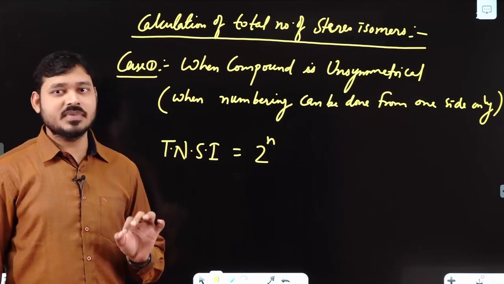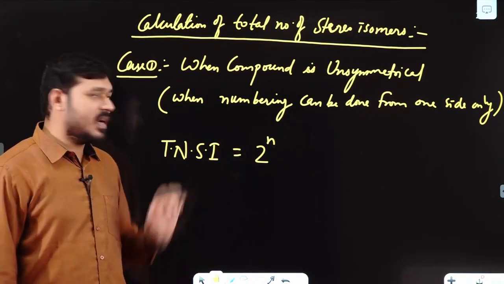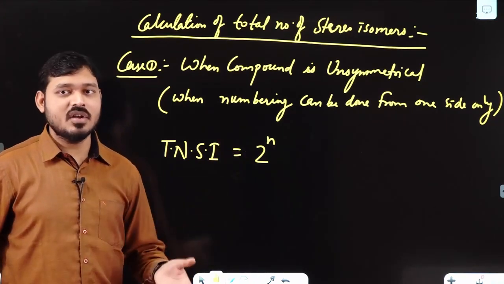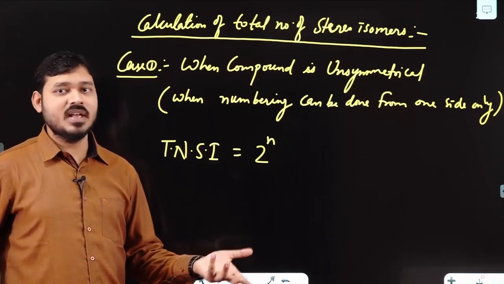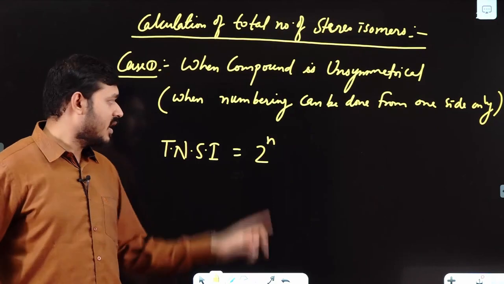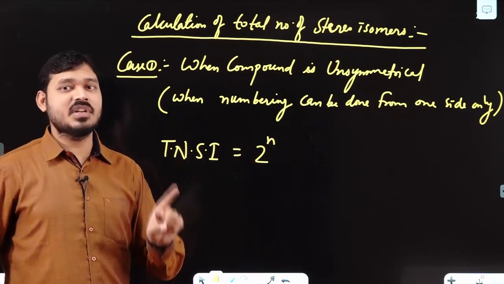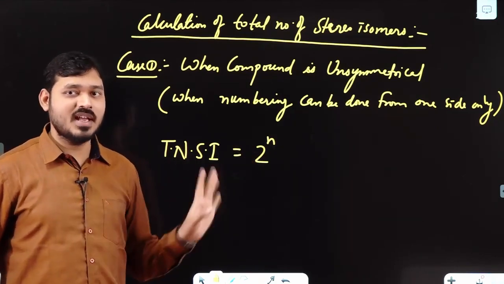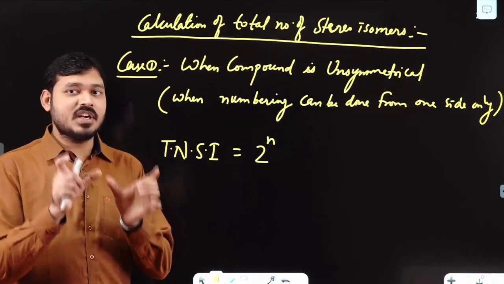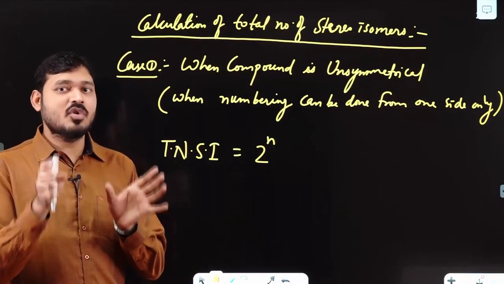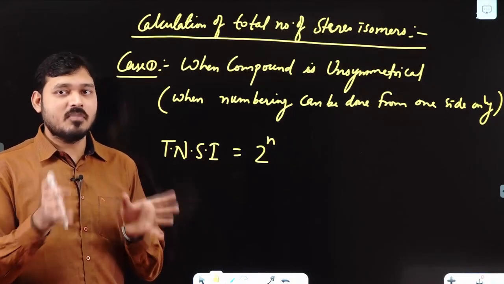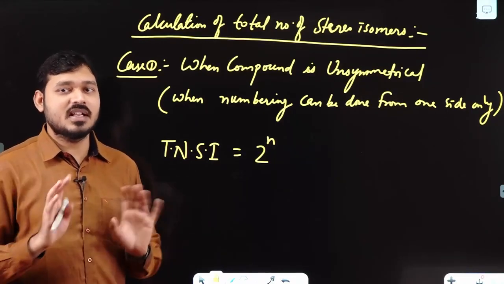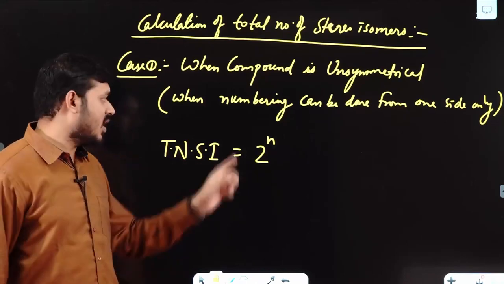In simple terms, this n represents the number of chiral centers or number of contributing parts, or simply in one way, stereogenic centers. Okay. This n represents the number of stereogenic parts or centers. Clear? Means contributing allenes, contributing cumulenes, contributing biphenyls, contributing double bonds, pi bonds, contributing chiral centers. So all those are involved here.